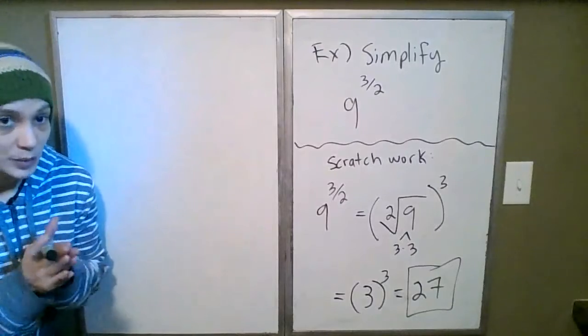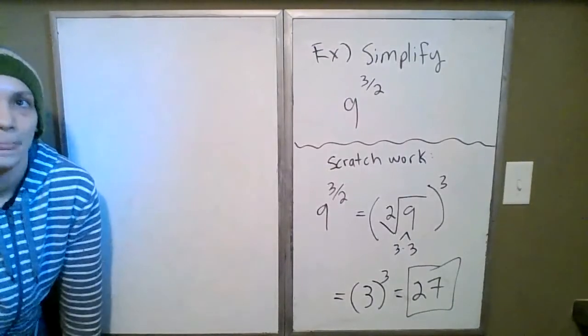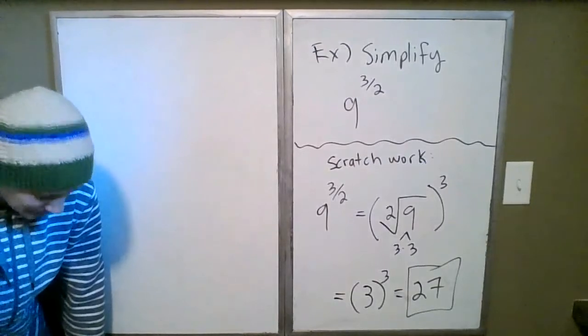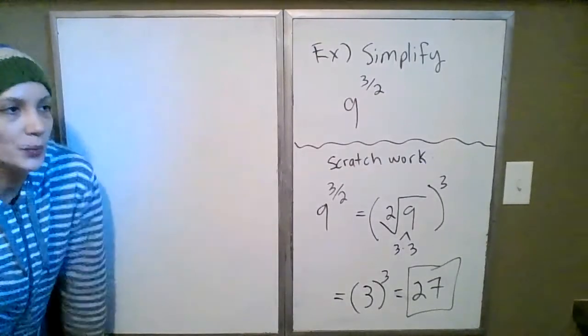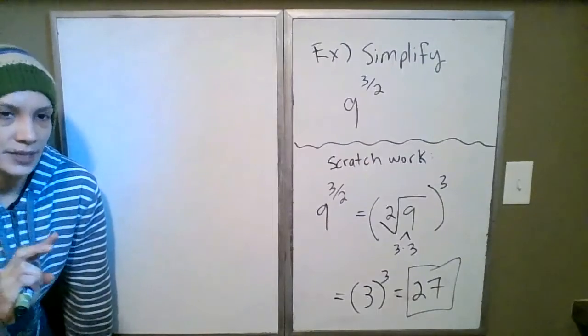Okay, so before we do more examples, which I've got a lot of examples planned, we want to talk about how to know that your radical is simplified. There are 3 things to look for.